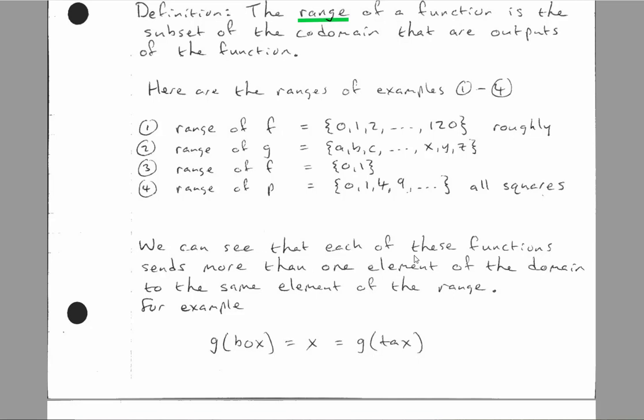The first thing we can see is that each of these functions sends more than one element of the domain to the same element of the range. For example, this word function going to the last letter sends each word to a unique letter, but it can send different words to the same letter. For example, box gets sent to x. Also tax, the word tax gets sent to x.